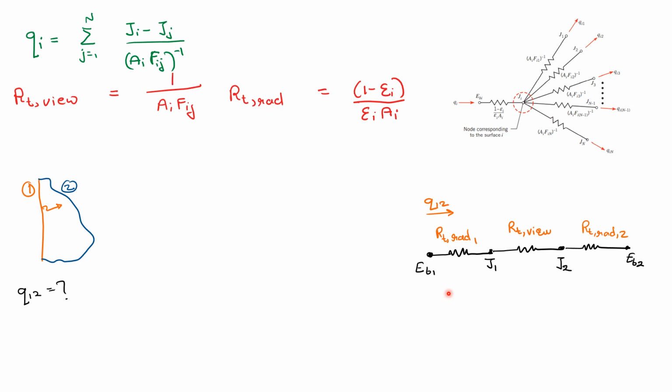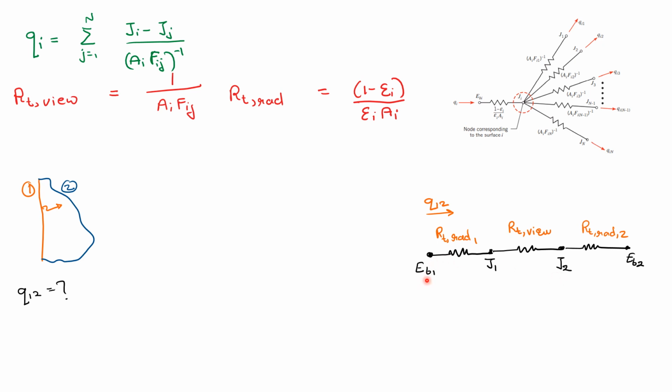The first thing we'll do is make a circuit diagram for this. Eb1 is what is emitted by surface 1, Eb2 is what is emitted by surface 2. J1 is the radiosity of surface 1 and J2 is the radiosity of surface 2.